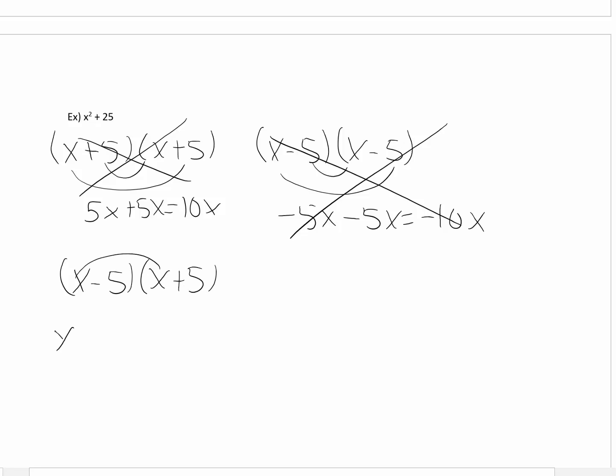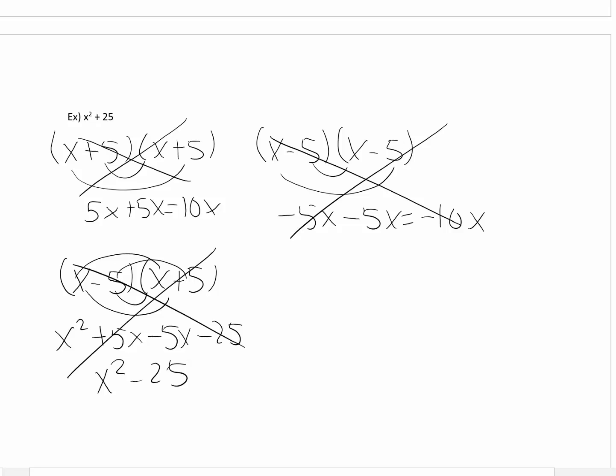Well, when we FOIL that out completely, we have x squared minus 25, not x squared plus 25. So it doesn't factor like this. So we've exhausted all our possibilities for this. This is a prime polynomial. There is no such thing as a sum of squares.